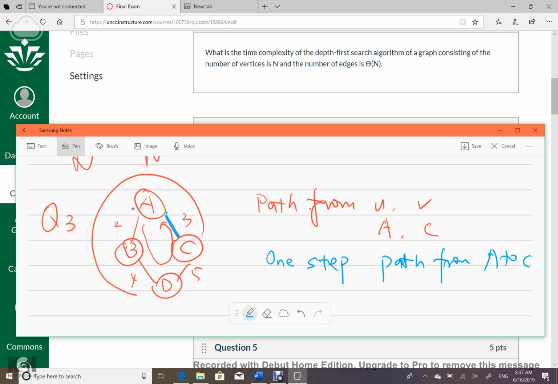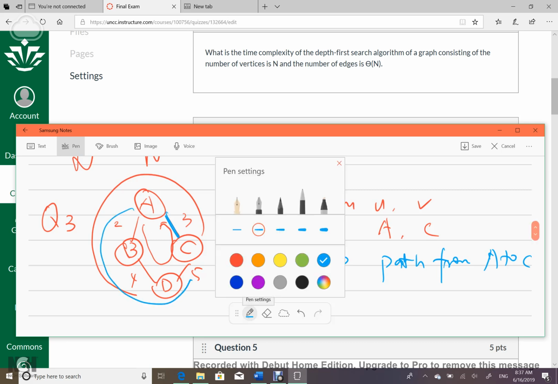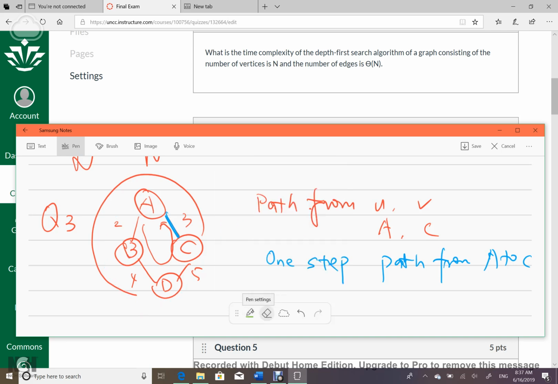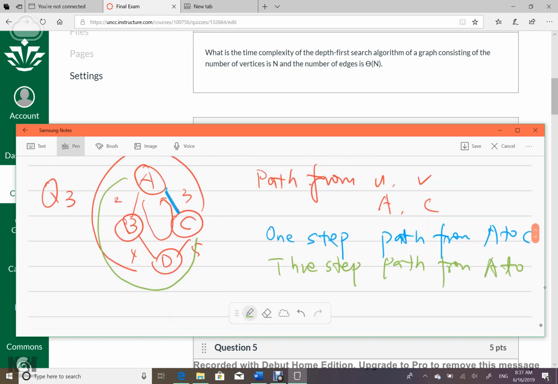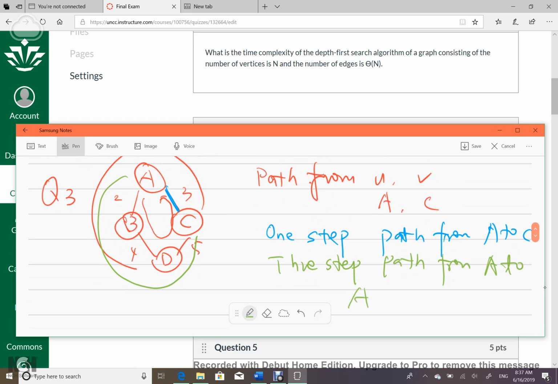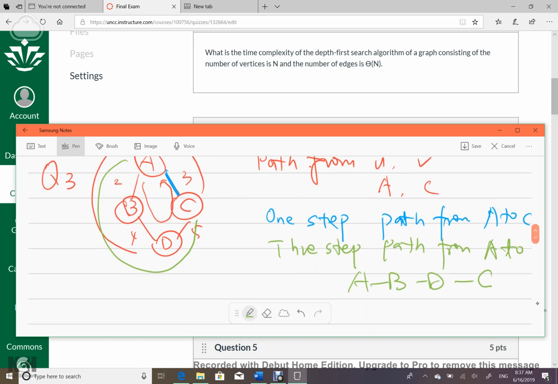And this, in a different color, is a three-step path from A to C, such that we have A, B, D, C, which is three steps, right?